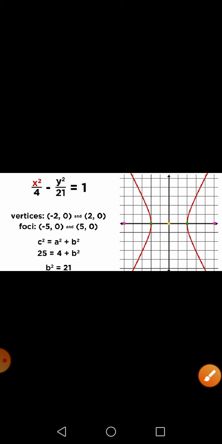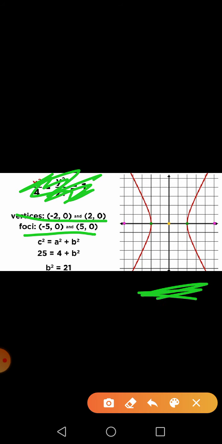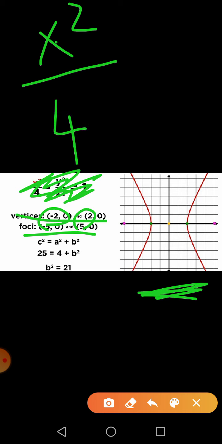Okay, if he gives you the vertices and the foci and tells you that he wants the equation, what will I do? Here the graph is around x, so x will be first: x squared over. A is related to the vertices, so x squared over 4 minus y squared over b. From where can I get b? From the foci.